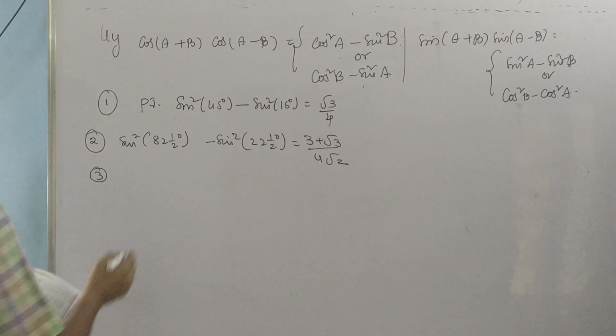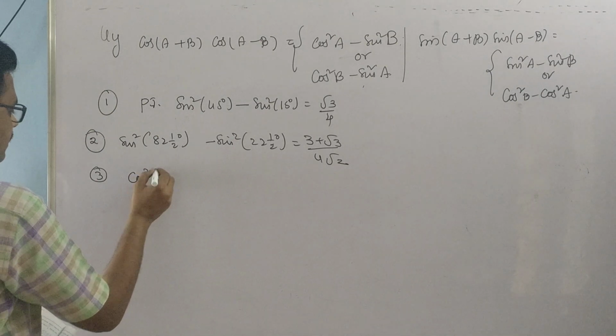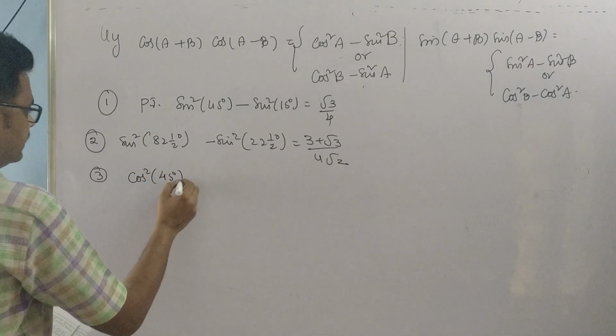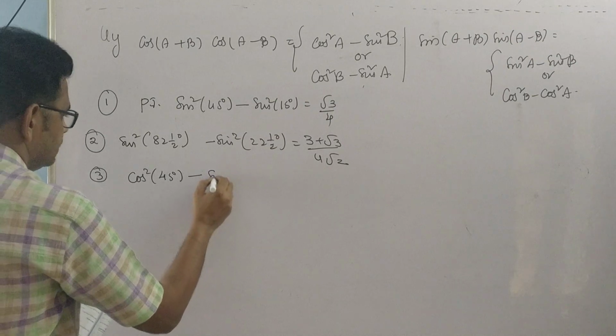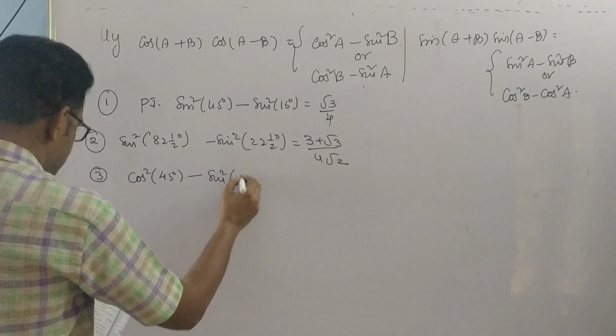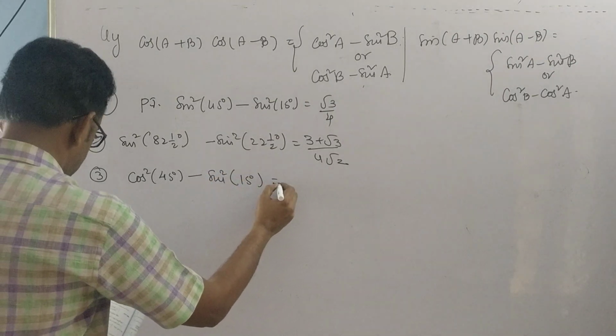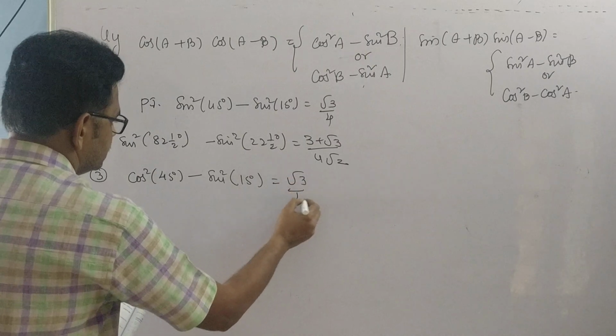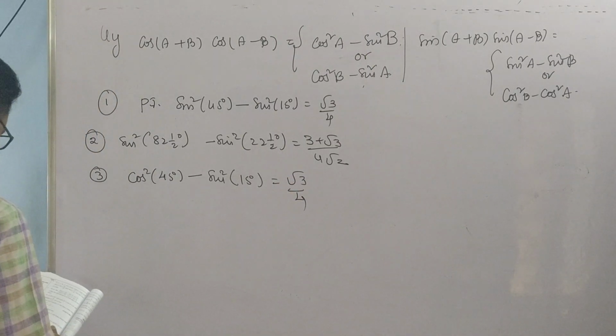Next one: cos square 45 degrees minus sin square 15 degrees is equal to root 3 by 4.